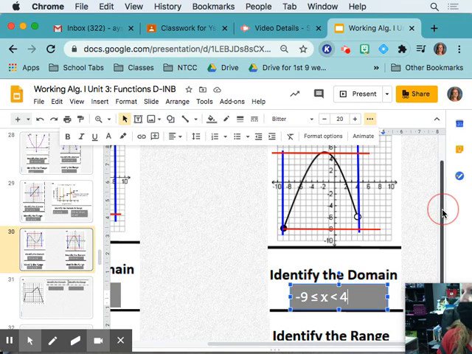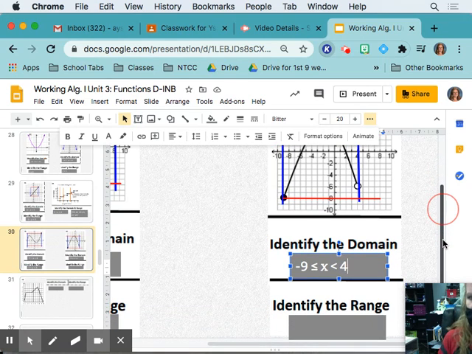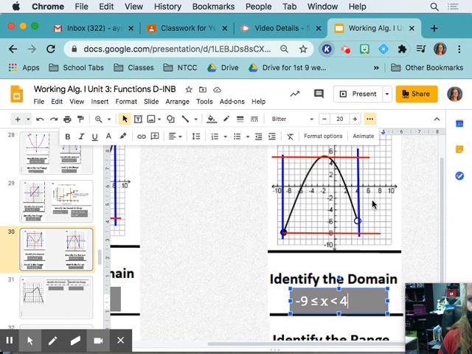All right, let's go to identify the range. So range is start at the origin, and we're going to see how far down we go. You can go down to -6, but what's the lowest that it'll go? -8, and it is included because that's a closed circle on that point.